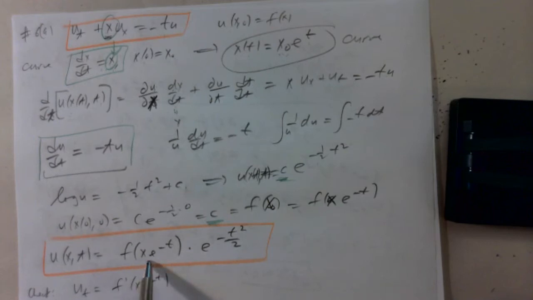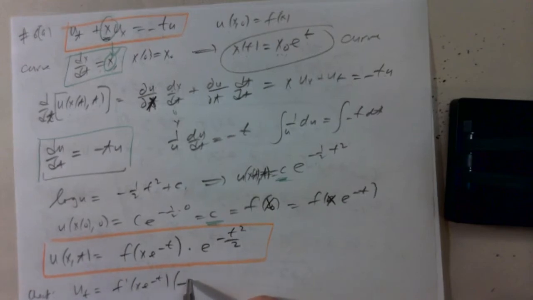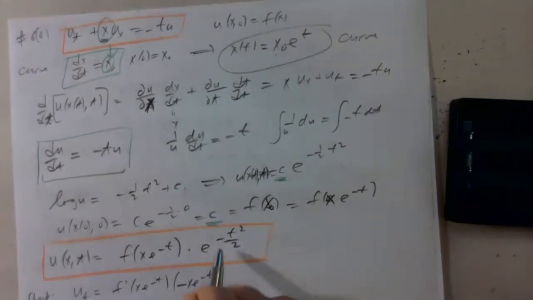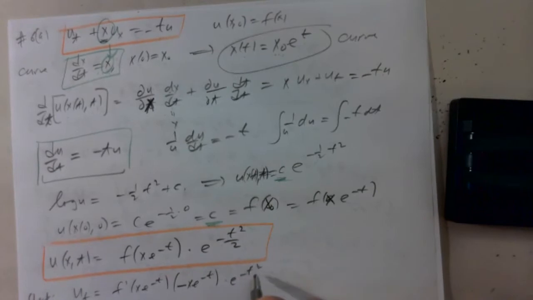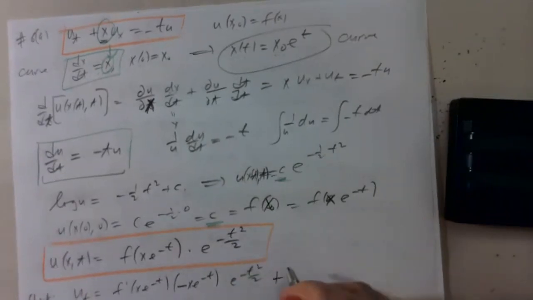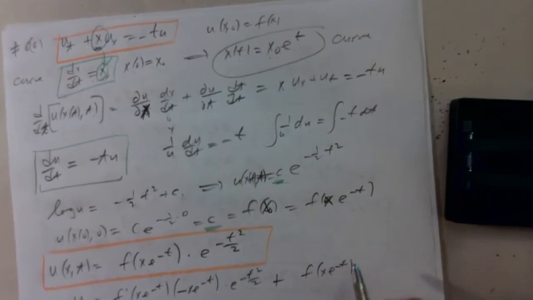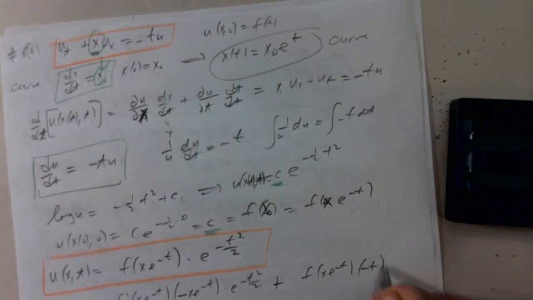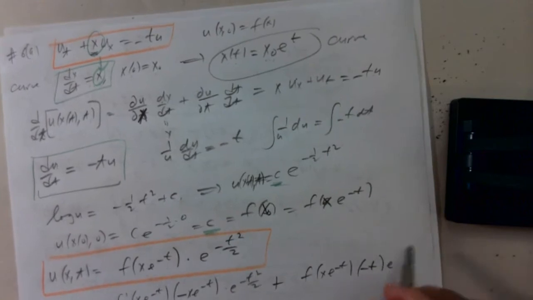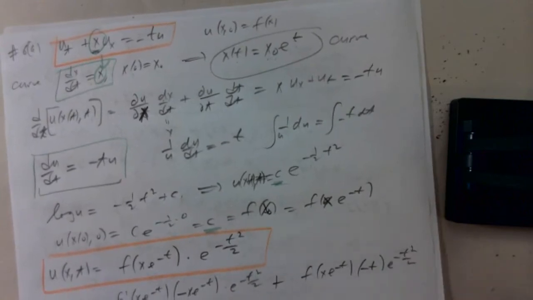So partial, all right, times the derivative of x e to the minus t, which is minus x e to the minus t, times the second term, plus f of x e to the minus t times the derivative of this, which is minus t e to the minus t squared over 2.